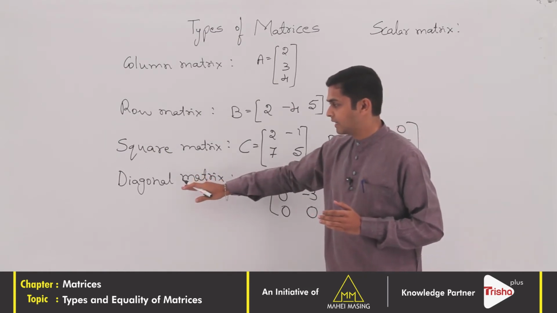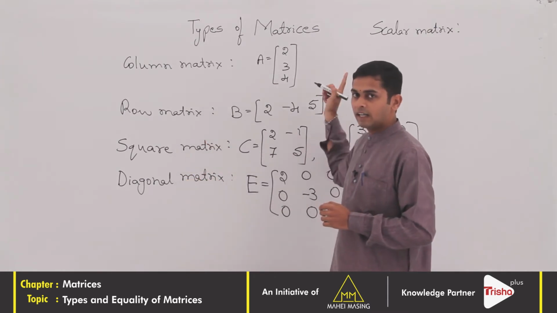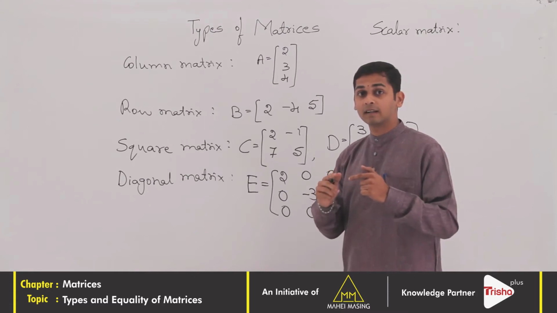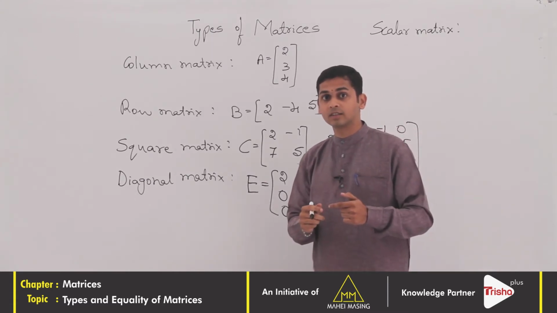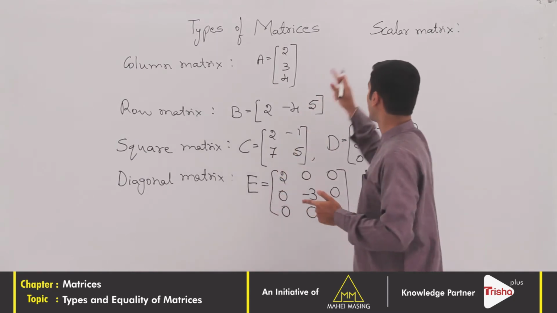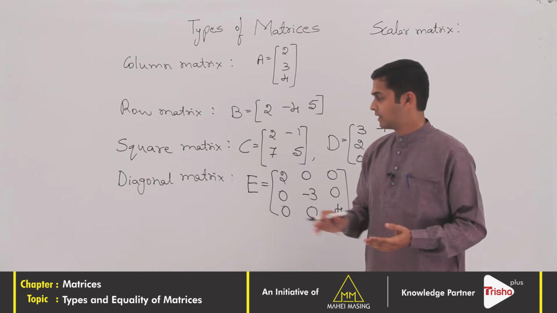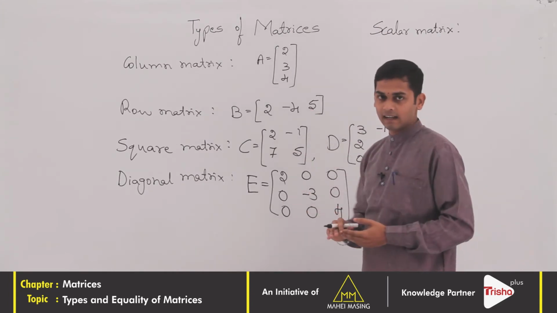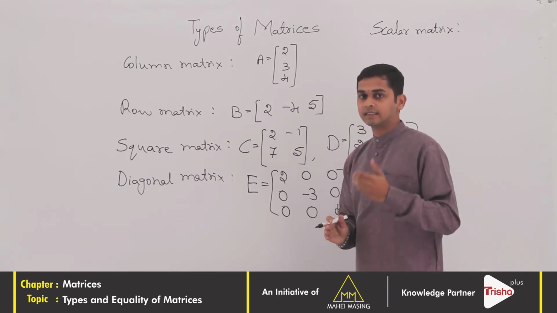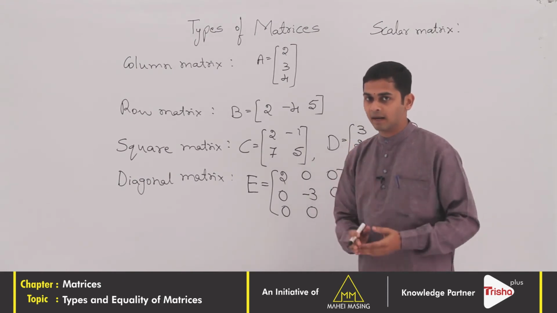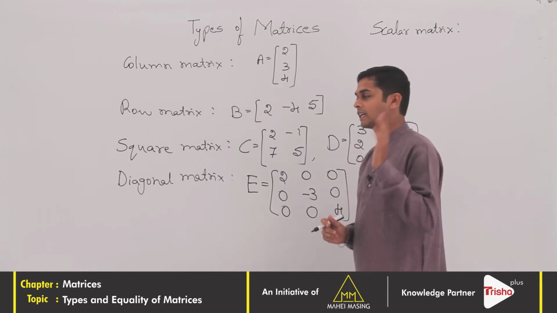See, to define a diagonal matrix, it should be a square matrix. To define a scalar matrix, that matrix should be a diagonal matrix. Diagonal matrix should be a square matrix. Therefore, scalar matrix should be a square matrix.